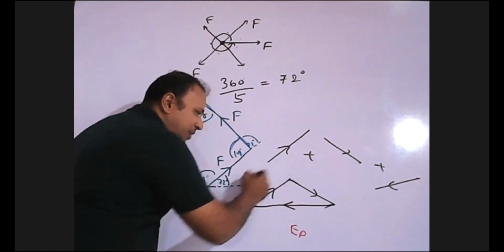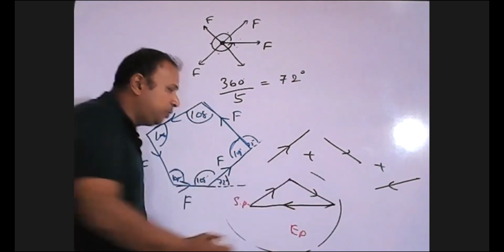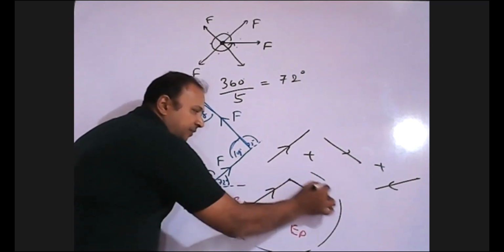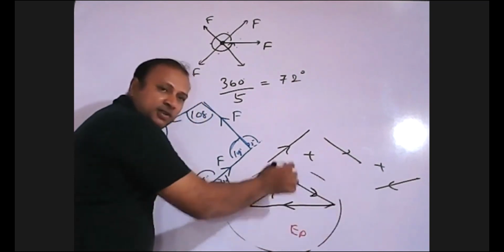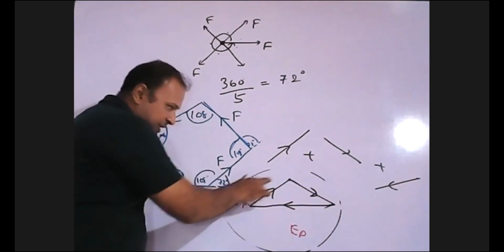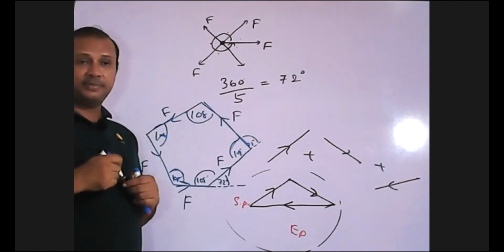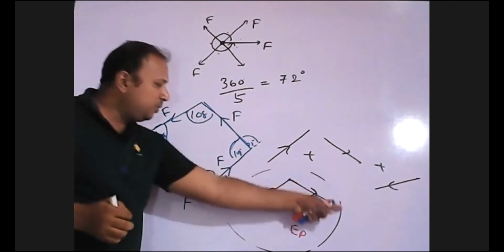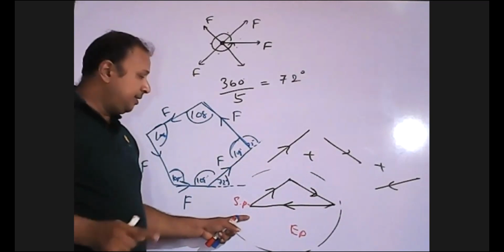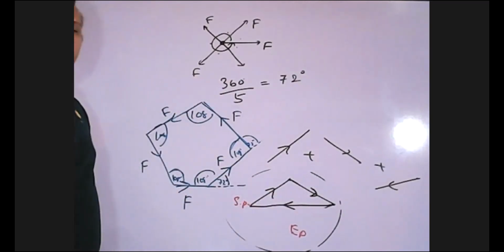So if we have this kind of loop, that means this is a closed loop. Look at this. All the forces are in order. If all the forces are in order, that means the force system is a closed loop.